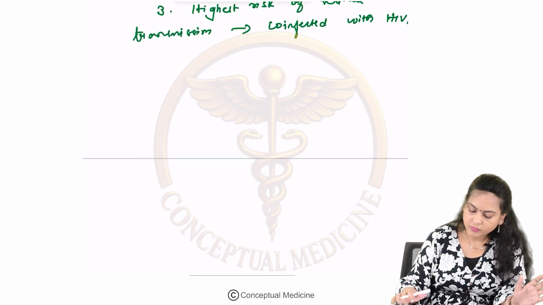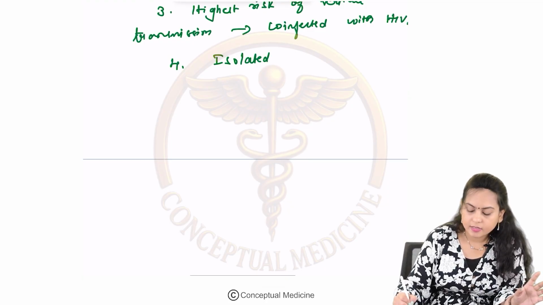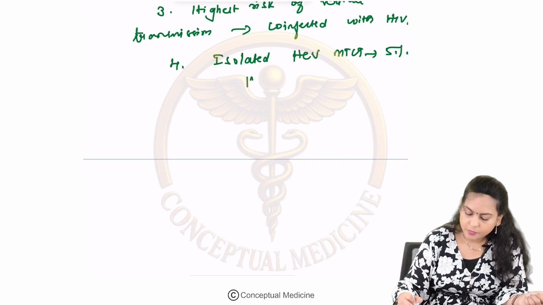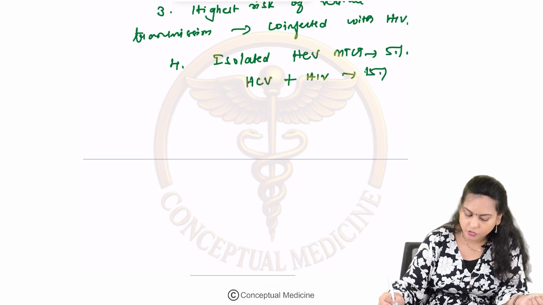So, if you take isolated HCV mother to child transmission rate, it is only 5%. Suppose HCV is co-infected with HIV, means the transmission rate increases up to 15%.